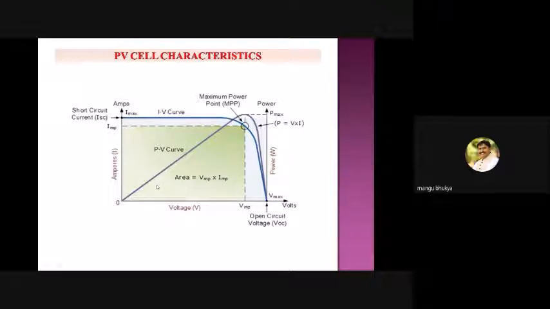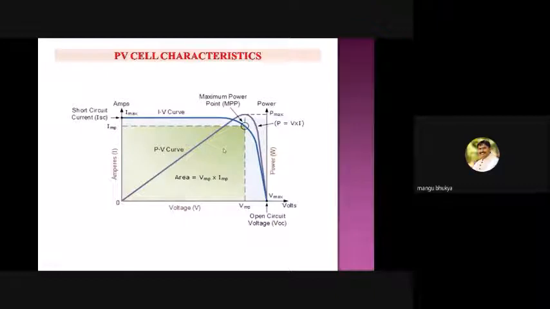Before that peak power point, the power drawn from the panel and the voltage across the panel follow a linear relation. Linear means one parameter increases and the other also increases. We call that linear proportionality.